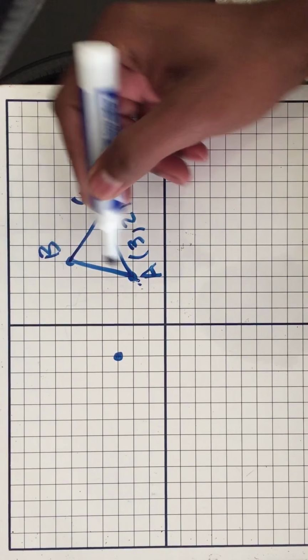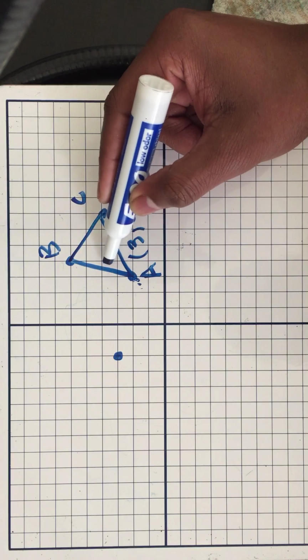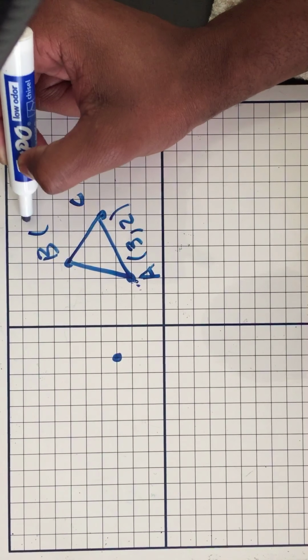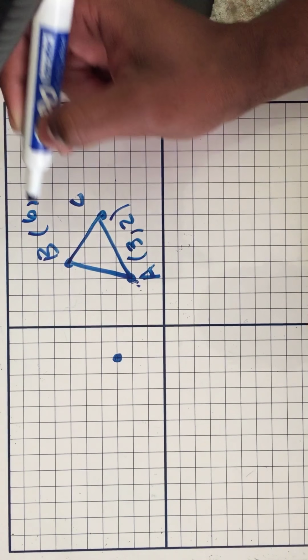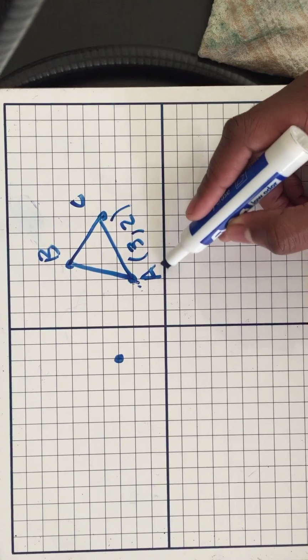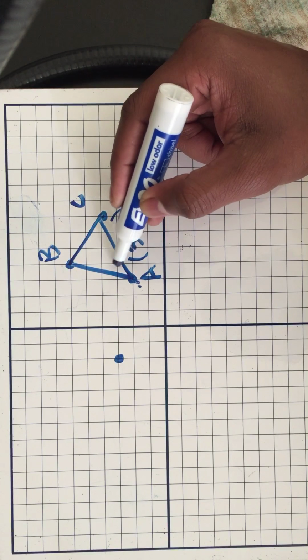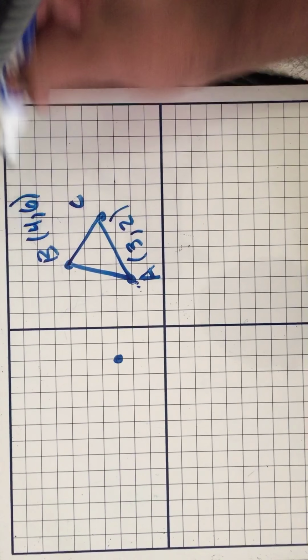For B, B's coordinate is 1, 2, 3, 4, 1, 2, 3, 4, 5, 6. Oh, I'm sorry. Well, let's count that again. 1, 2, 3, 4. 1, 2, 3, 4, 5, 6. So B's coordinate is 4, 6.